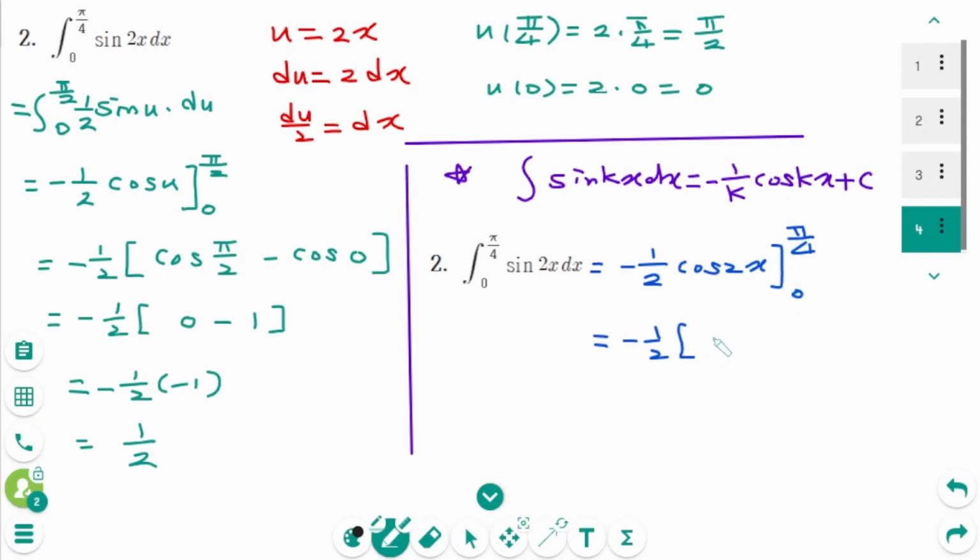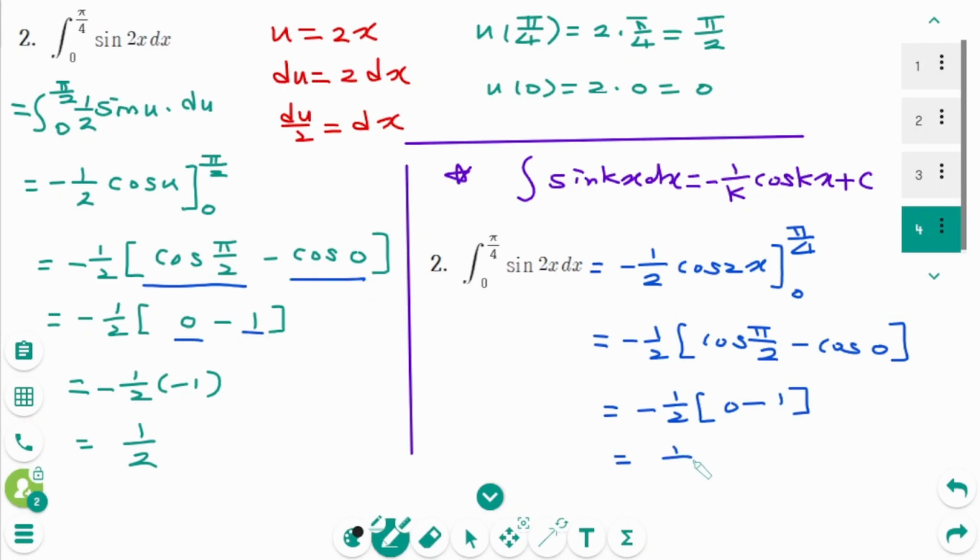The upper limit, cosine 2 times pi over 4, which is pi over 2, minus cosine of the lower limit, 0, equals minus 1 over 2. This one is 0, minus this one is 1.